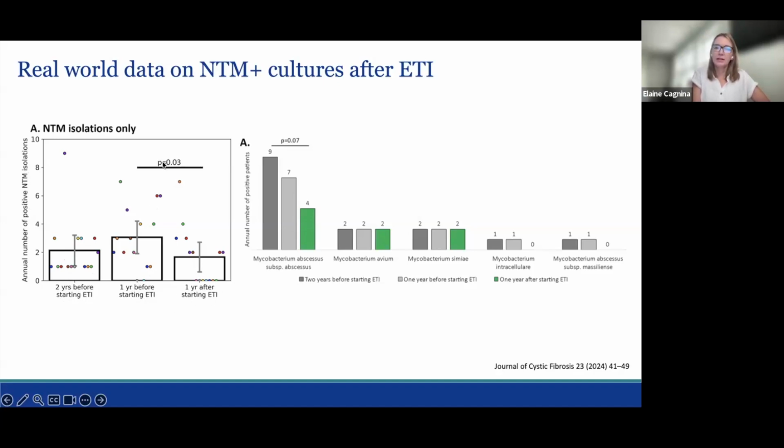They saw a significant decline in the number of NTM positive cultures 1 year after starting ETI. Then they looked at the species, and it was only significant really in Mycobacterium abscessus. So they saw fewer M. abscessus positive cultures after starting ETI. But again, these are super small numbers, single center, lots of caveats to this data.